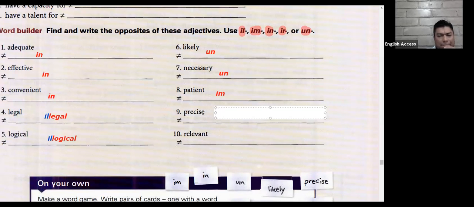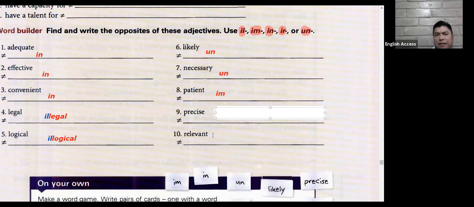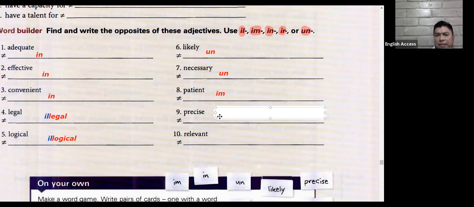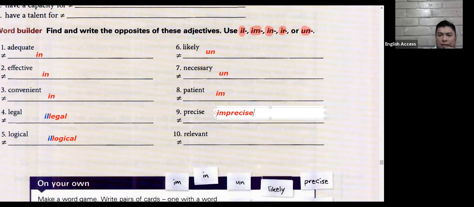It's not in. No, can you check it? What is the number 10? Irrelevant. Teacher, it's imprecise with M. Imprecise. Okay, imprecise. And number 10?